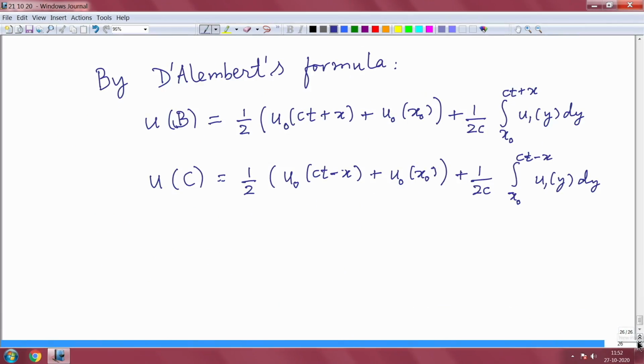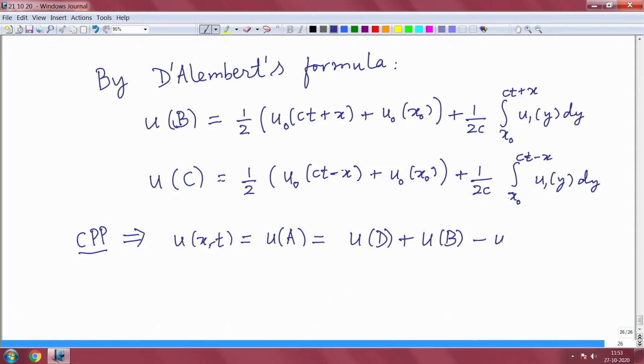CPP implies u of x, t, which we have denoted by the point A, is u of D plus u of B minus u of C. We have the expressions for all these things, so let us put them together.